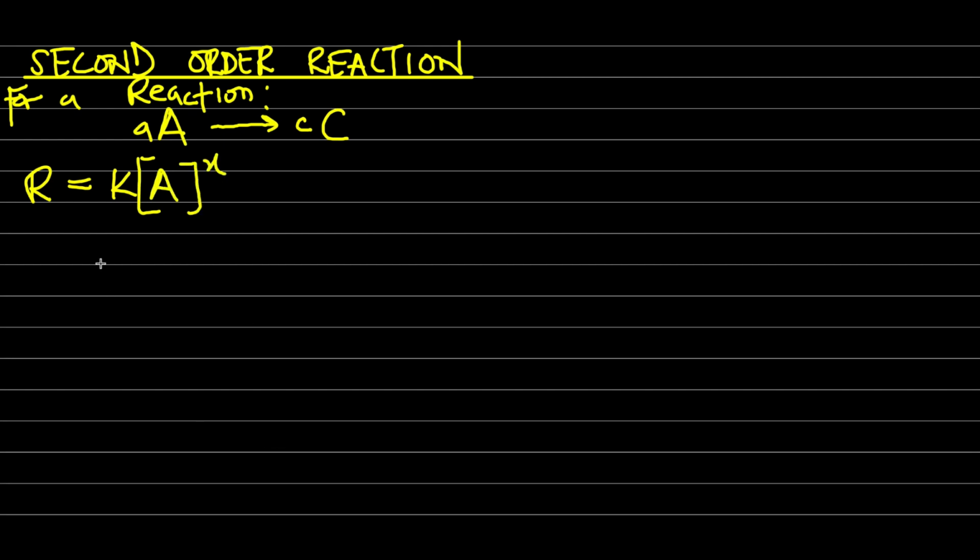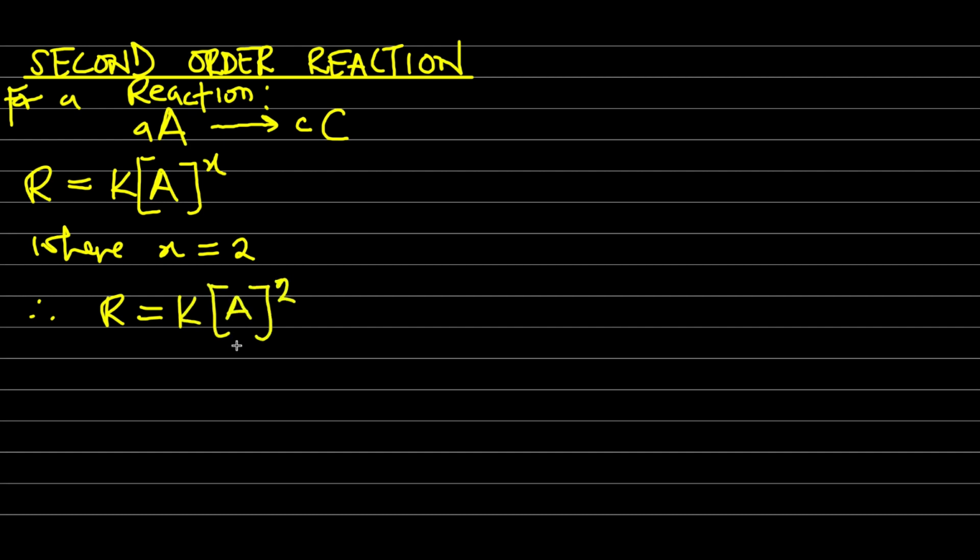For a second order reaction, this power will be equal to 2. That's the order of the reaction. So this now becomes, therefore R equals K[A] squared.